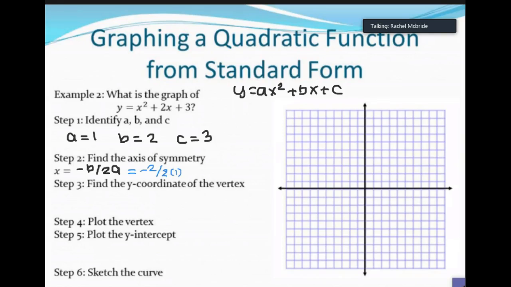So negative 2 divided by 2 is negative 1. So what that means in terms of my graph is that about the line x equals negative 1, we're going to have all our points of symmetry.